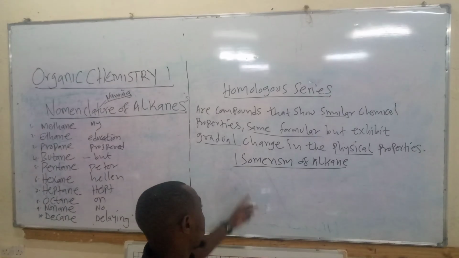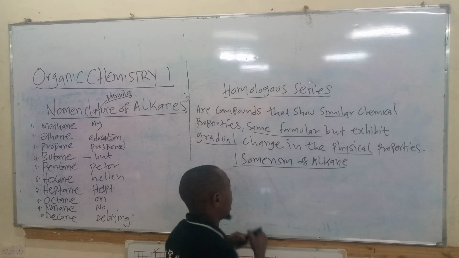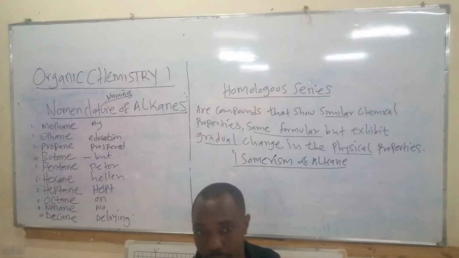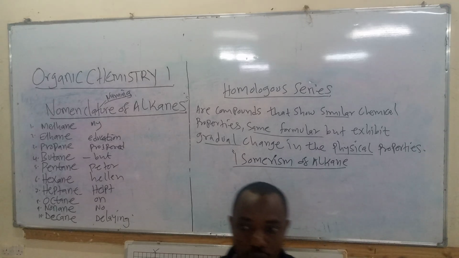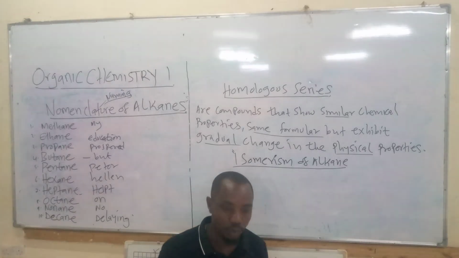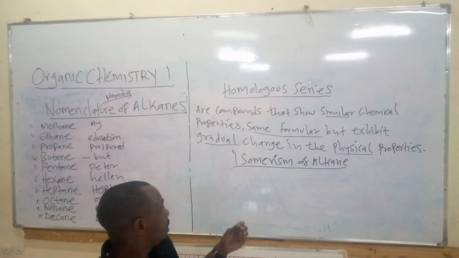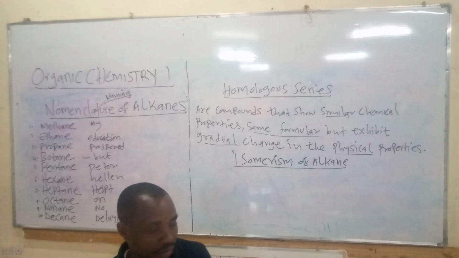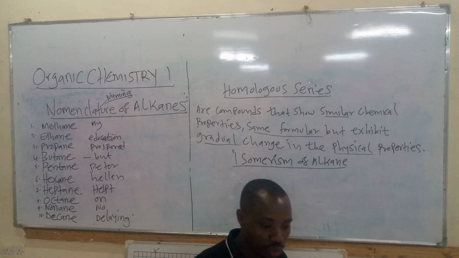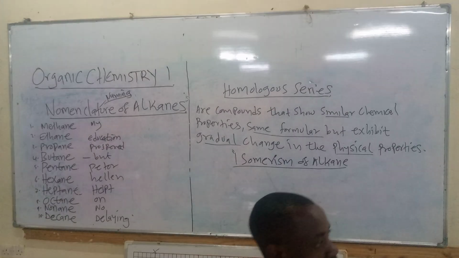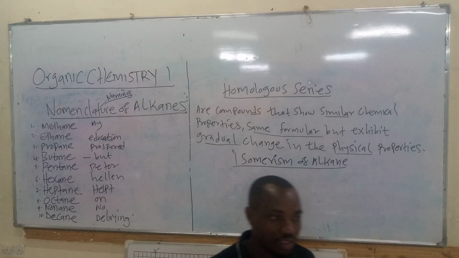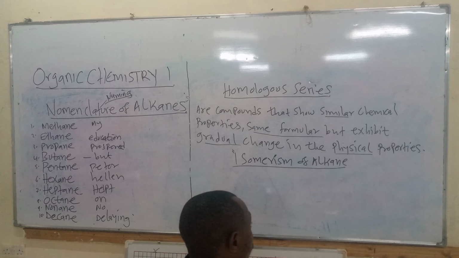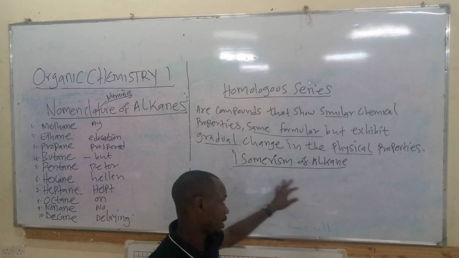Isomerism comes from the word isomer. Isomerism is a process, while isomers are hydrocarbons with the same molecular formula but different structural formula. All hydrocarbons with a similar molecular formula but different structural formula we call isomers. The process is called isomerism of alkanes.